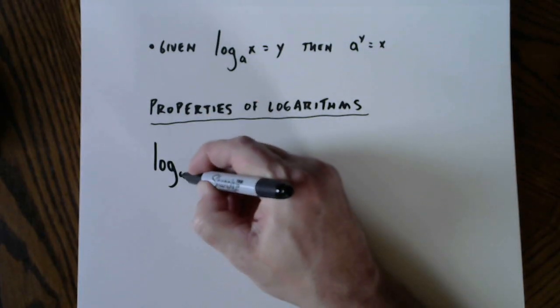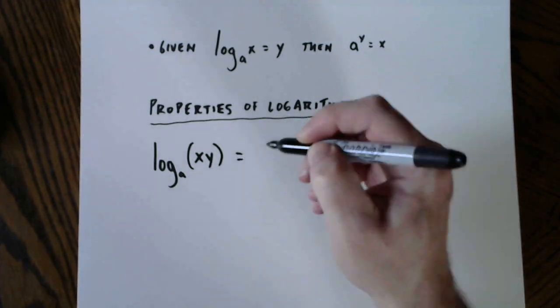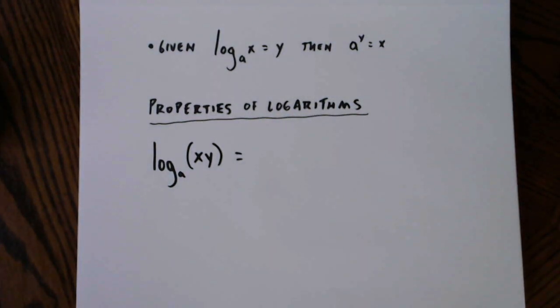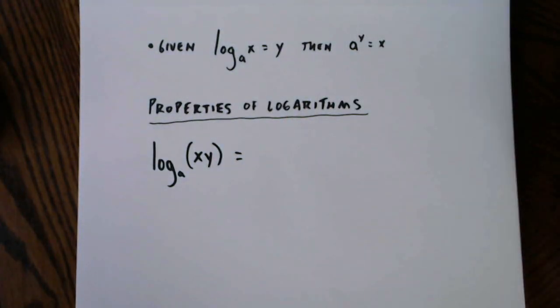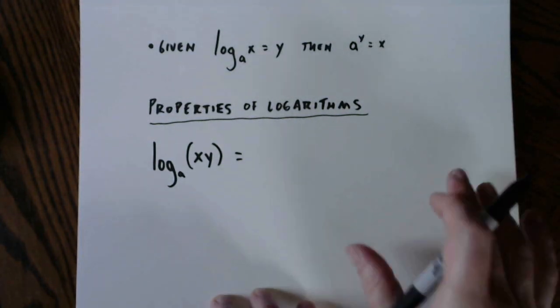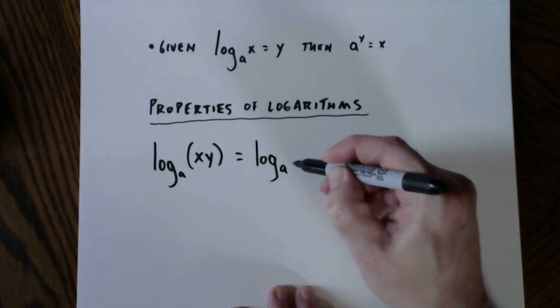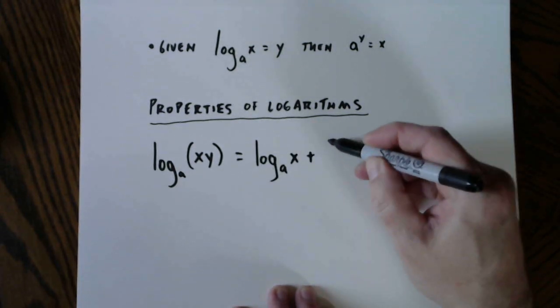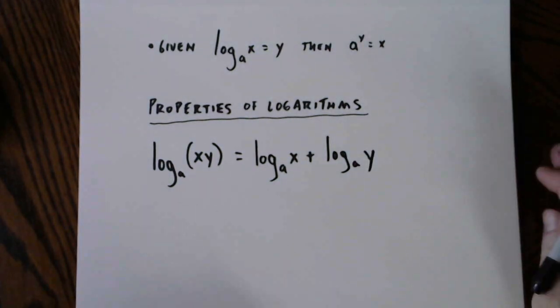Okay. So I have log to some base of the argument happens to be a product. Right? Two things multiplied. And these are all rooted in the properties of exponents. Right? What happens when you multiply two things? What do you do with their exponents? You add them. So I'm not going to do a proof, but that property leads to this property.